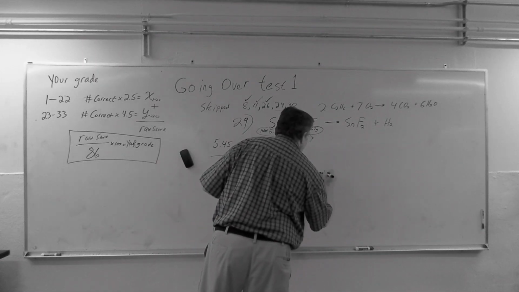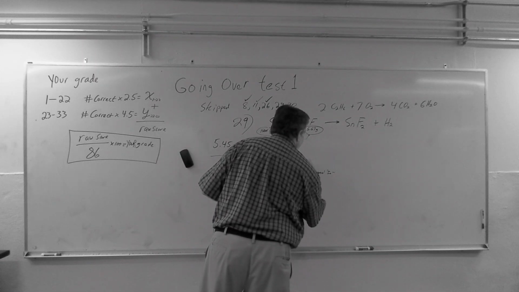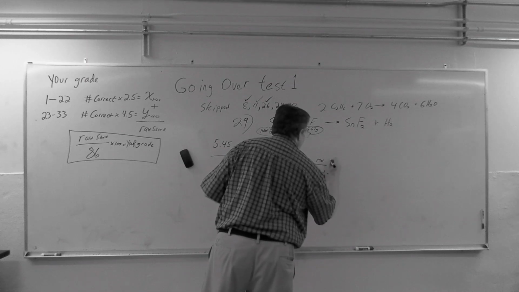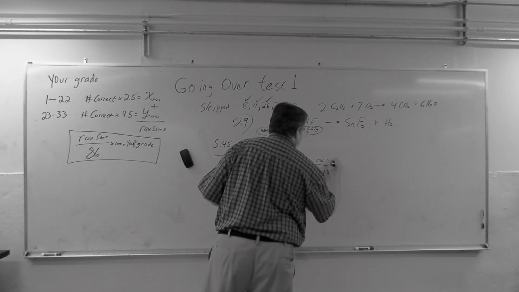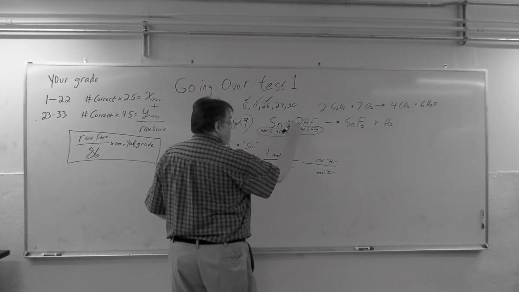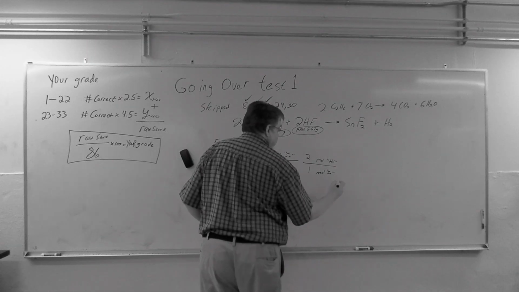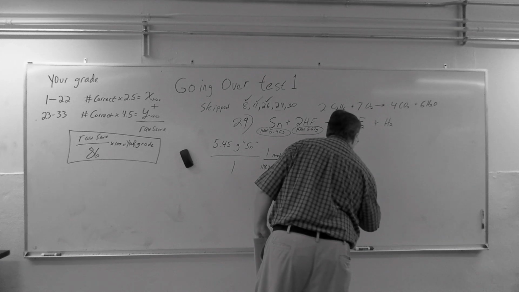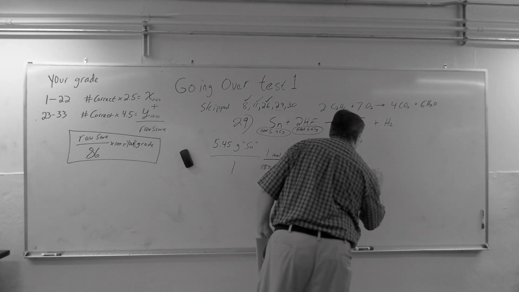And that's what it says on the periodic table, but I still put it here for you. And then moles of Sn to moles of HF. And this is 1 to 2, one of those to 2 of those. And down here, we're going to 1 mole of HF.